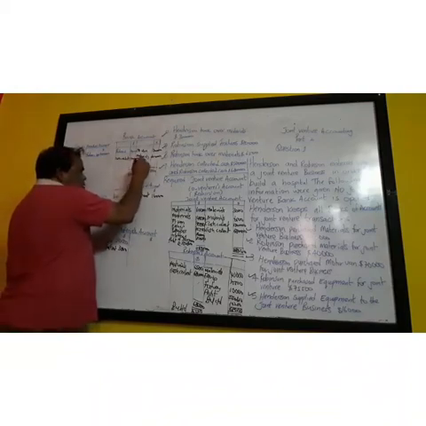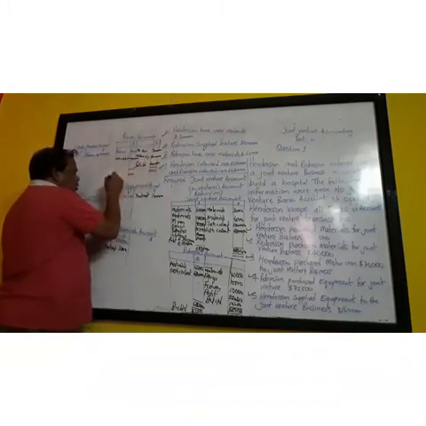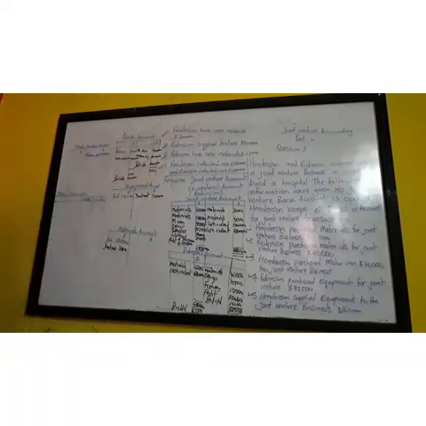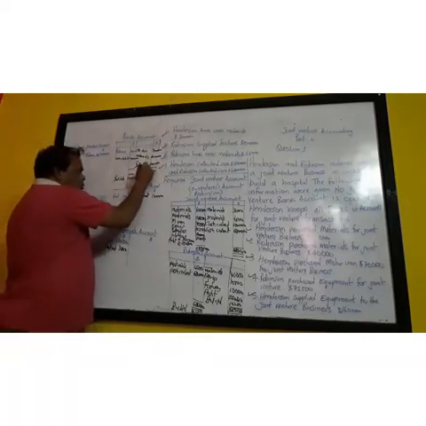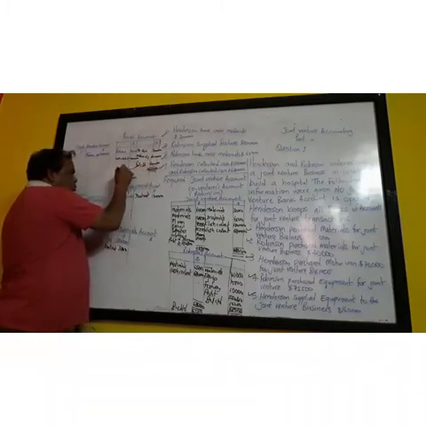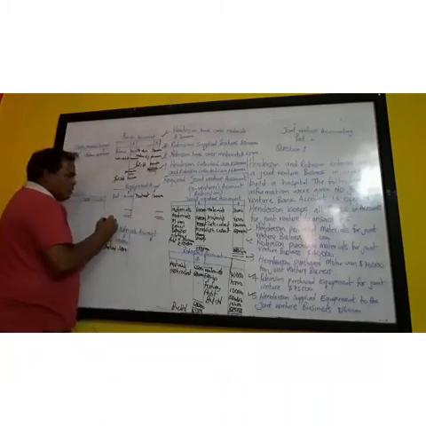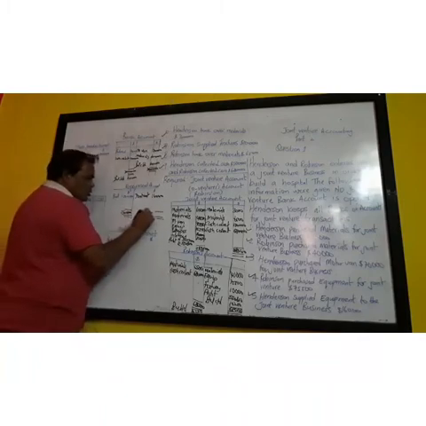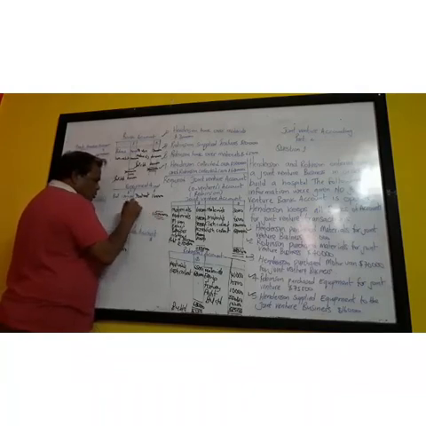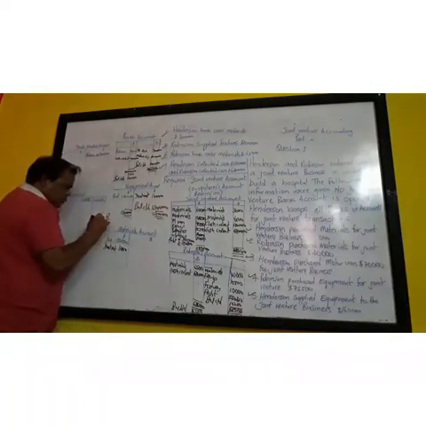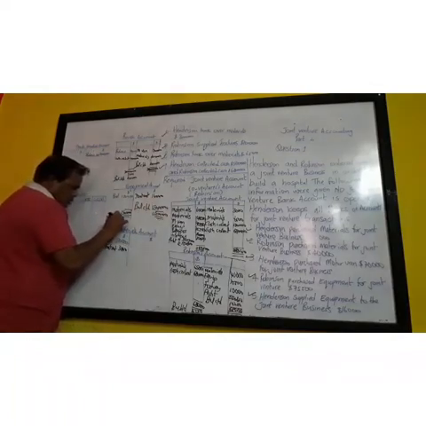The total for bank is 740,000, and then 740,000 here. And then we have to close equipment account. Equipment account 150,000. This will be balance CD 134,000, and then balance BD 134,000.